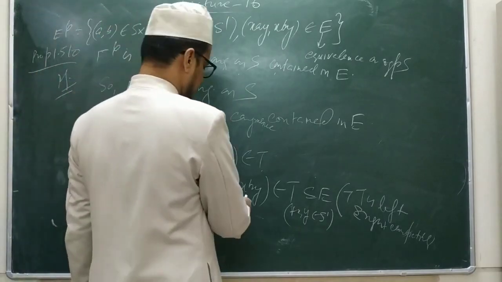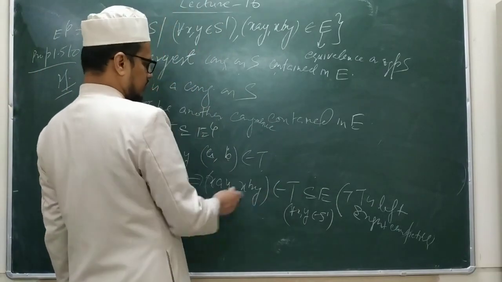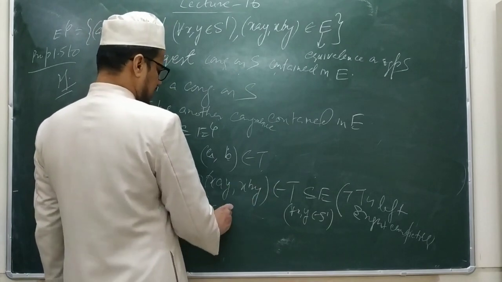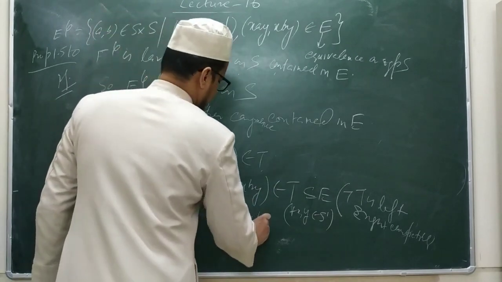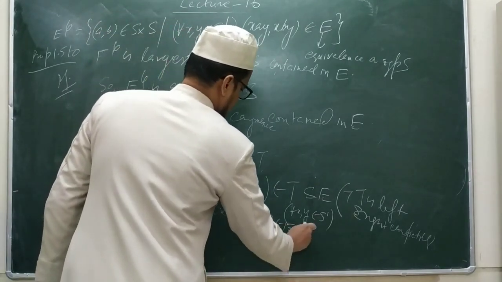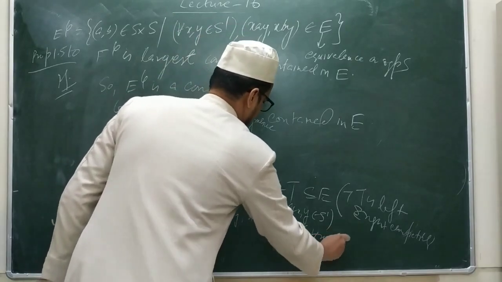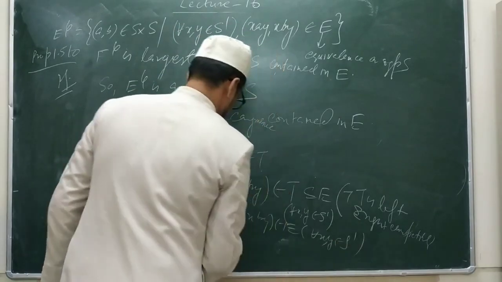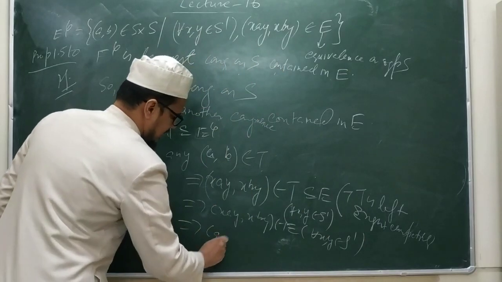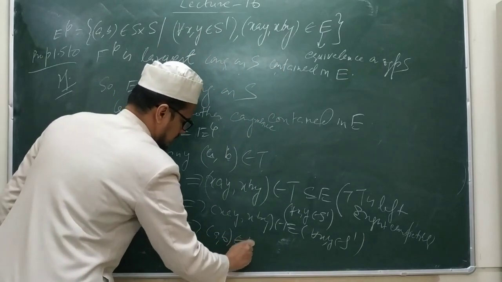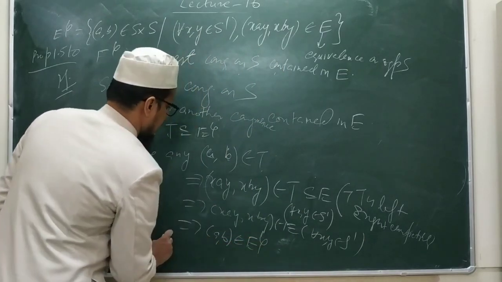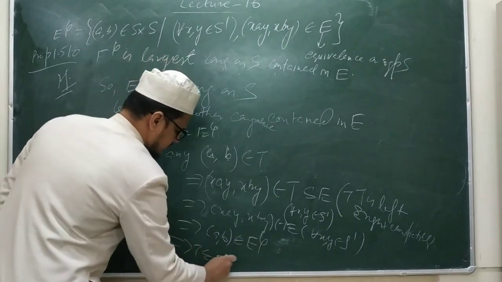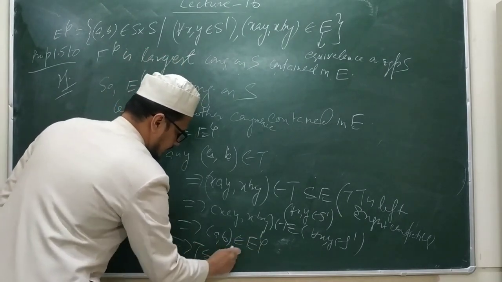So XAY comma XBY goes in T and goes in E. So XAY comma XBY goes in E for every X, Y belonging to S1. It implies what? It implies that A comma B goes in E natural, and it implies that T is a subset of E natural.